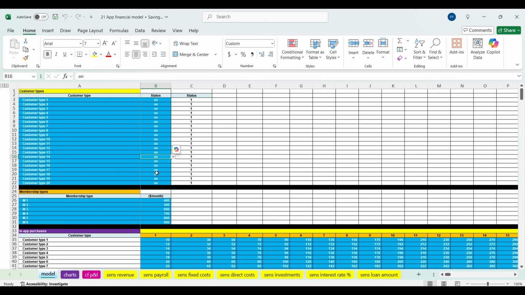And if you are too optimistic with this or that type of customer, you will be able to switch this customer off and see how much money you will need specifically in the scenario when this type of customer is off. And maybe you will have to rethink your business concept.